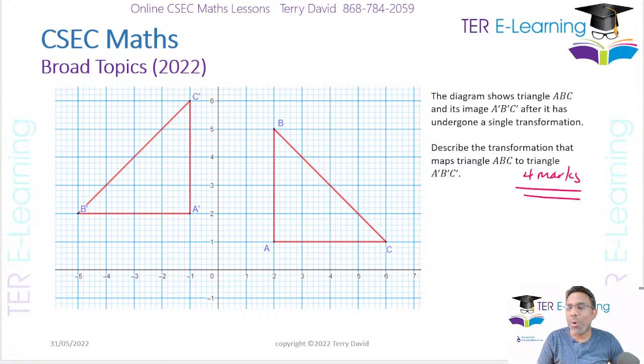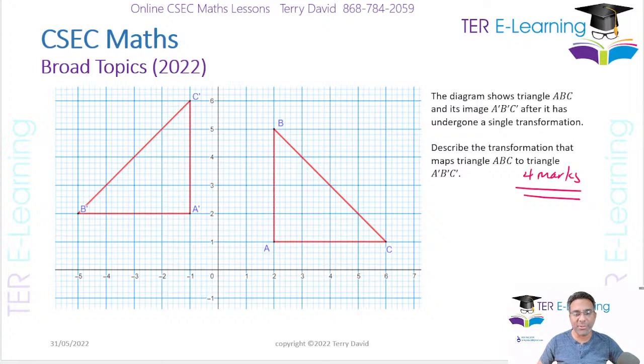So here's how you can know if it's a translation: the orientation stays the same. It doesn't change. If it's an enlargement, it's very easy to figure out, it's going to be either larger or smaller. But if you notice something here, the orientation of the triangle has changed. So if the orientation has changed, it has to be a rotation.